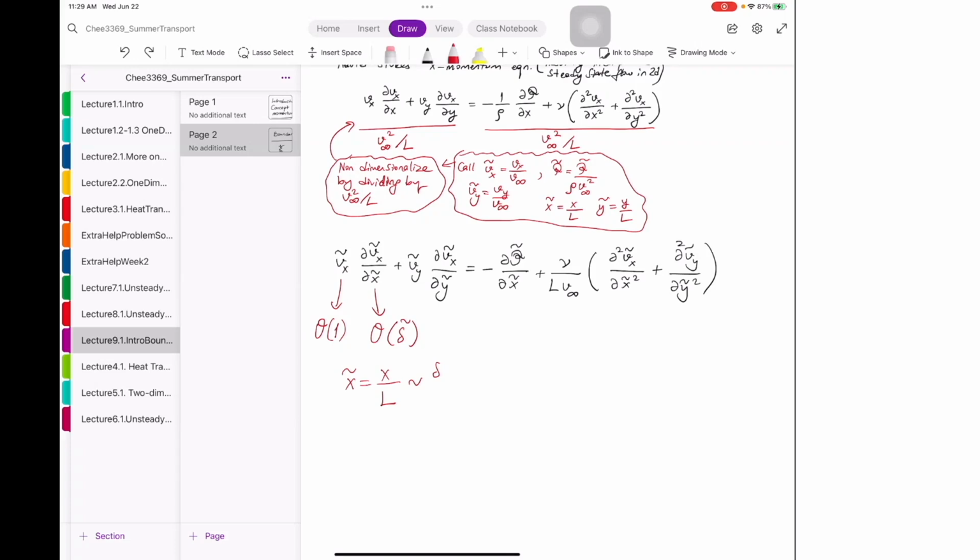But del x tilde, so that's in the order of x over L. Oh yeah, okay. The x must be in the order of L.